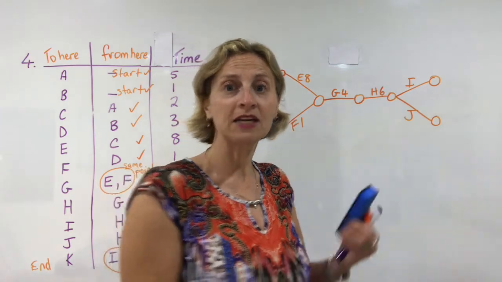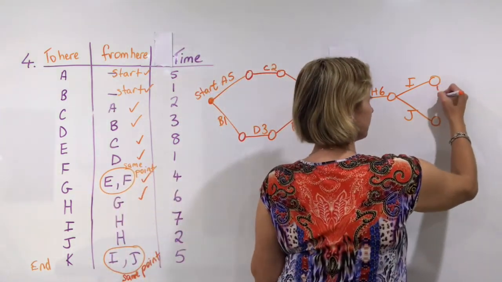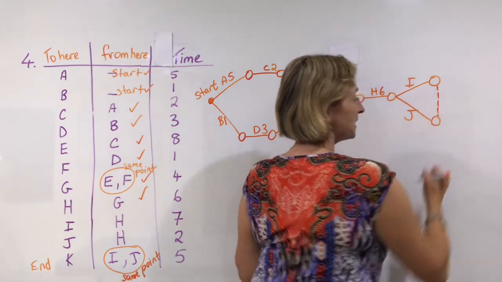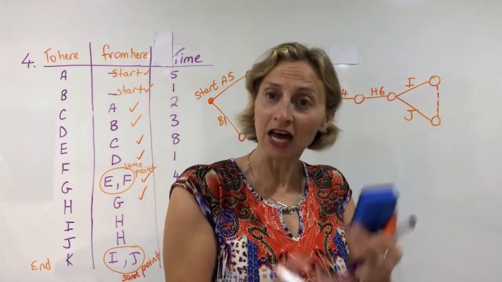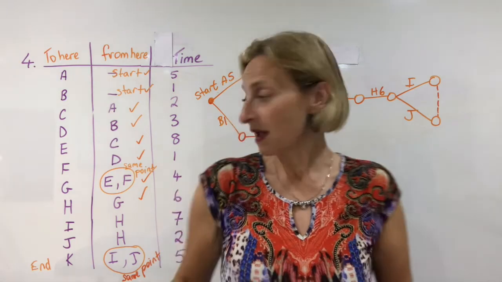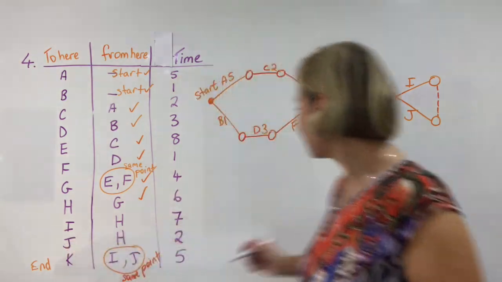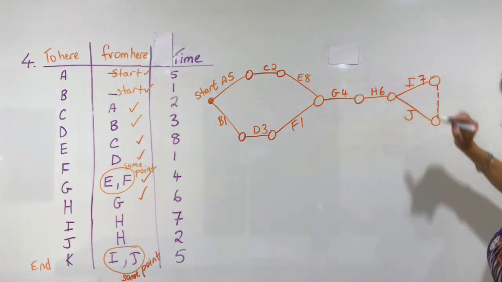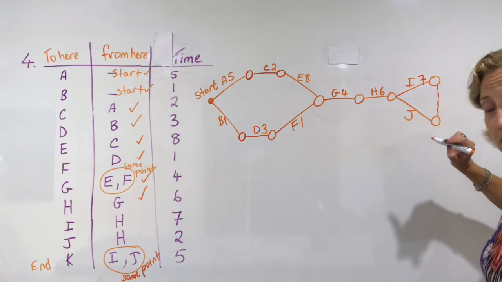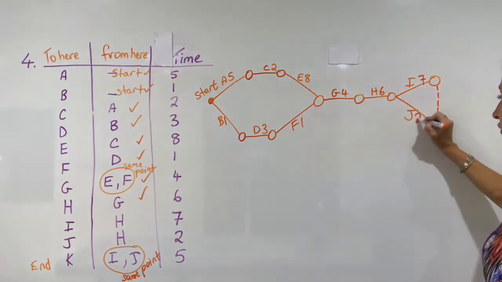And that's where I need to put in what's called a dummy. They have to be connected to each other, but I can't separate them and I can't join them. They both have to go to separate places. It has to go to I, and it has a completely different time than J, which is 2.